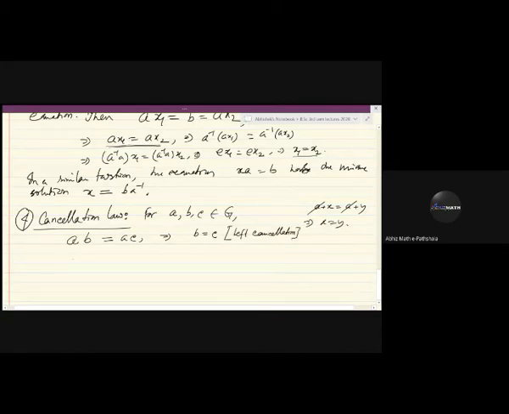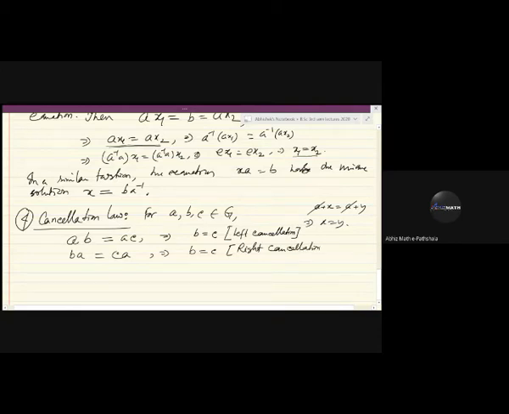And the other one is BA equal to CA implies B equal to C, and this is called right cancellation.